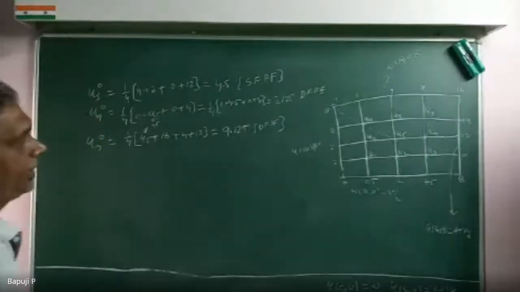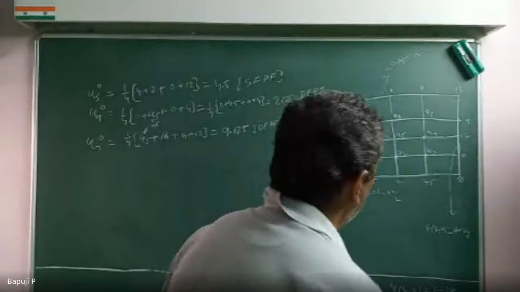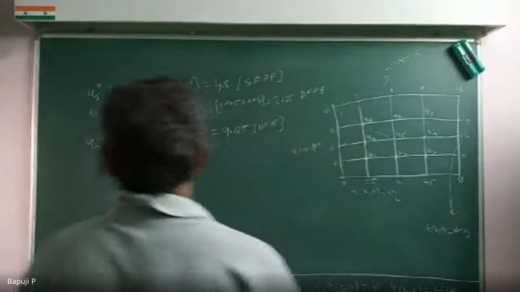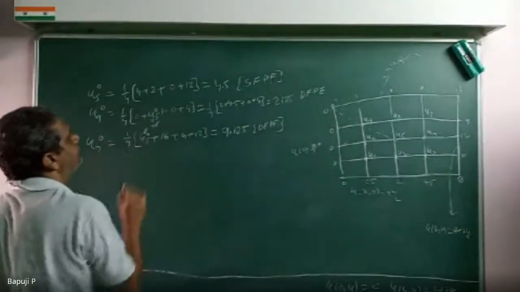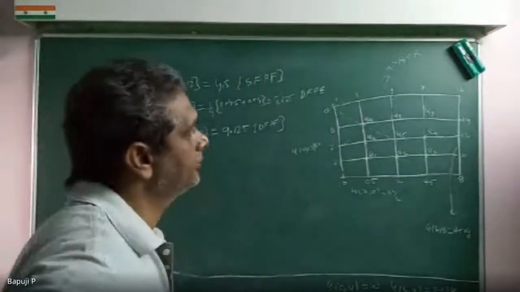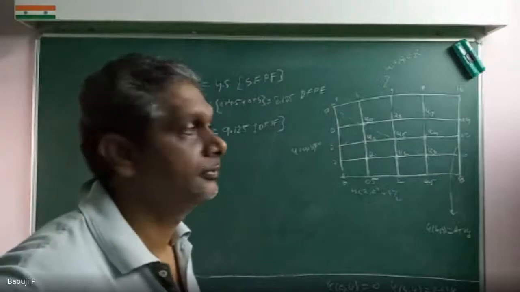Okay. Now U5 in my hand, U9 in my hand, U7 in my hand. Can you get U8? If you want, you can write U5 of 0, better, you will understand. Can I get U8 now? Yes, sir.